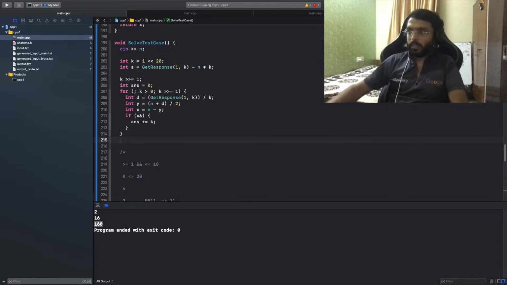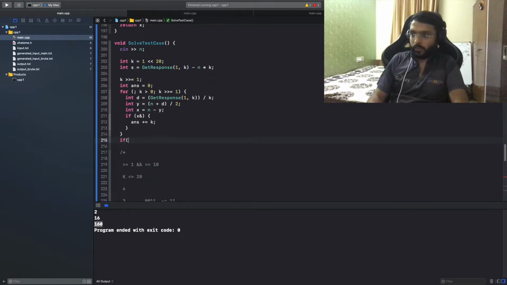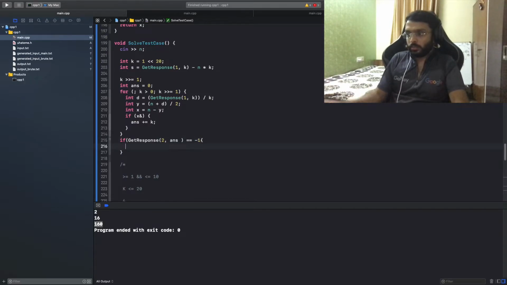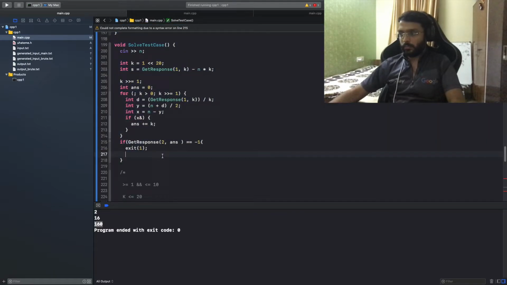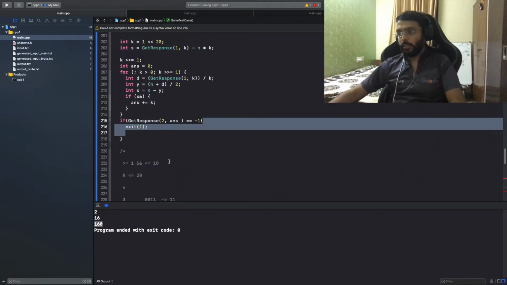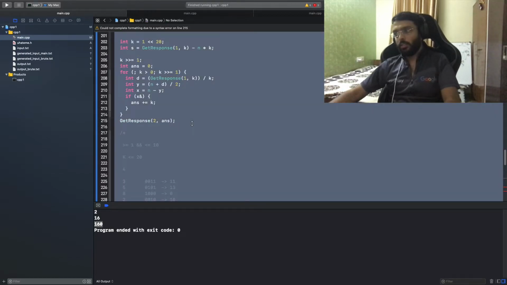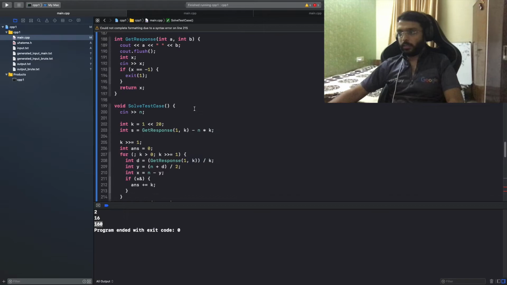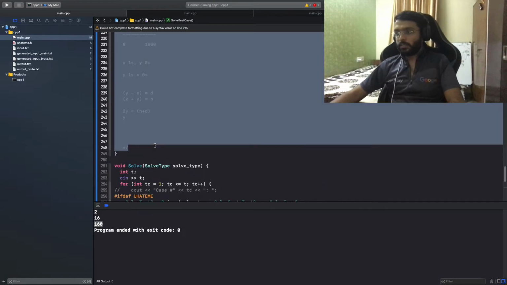And finally, if get response 2 comma answer equal to -1, I simply exit. Oh wait, I am already doing exit, right? So I do not really need to do something like this. And finally, I just say get response answer and 1. Yep, this seems about right.